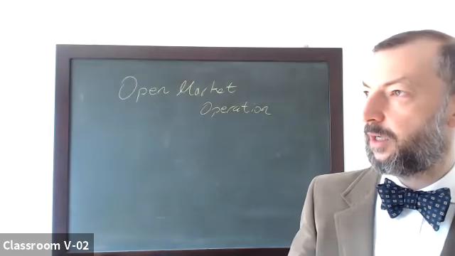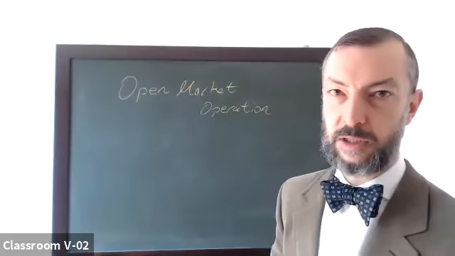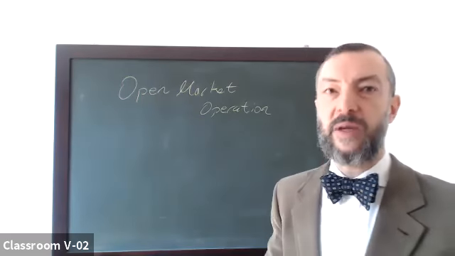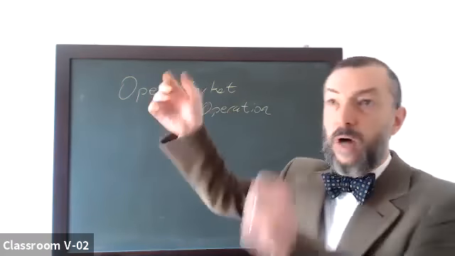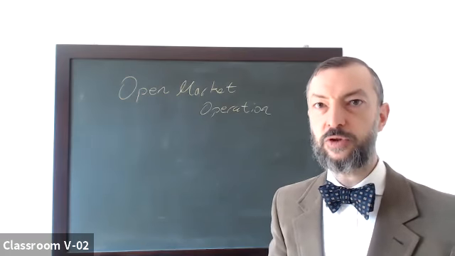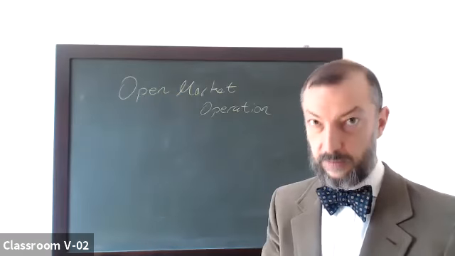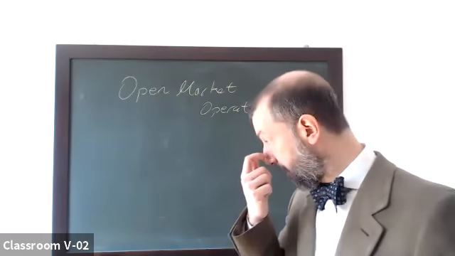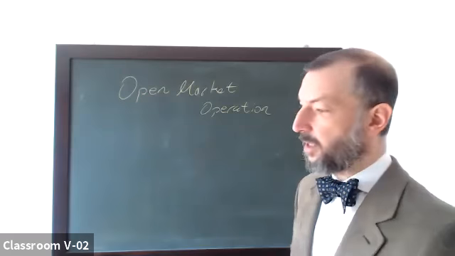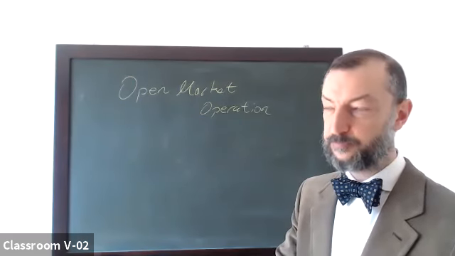Primary dealers are the counterparts to the central bank in the open market operation. So when the central bank says, I'm going to buy bonds, I can't say, oh, I have a bond, I want to sell this to you, okay? It's only the banks, and usually only some of the banks, that can enter this auction, right? Those are called primary dealers, but in the end, central banks do business with banks.